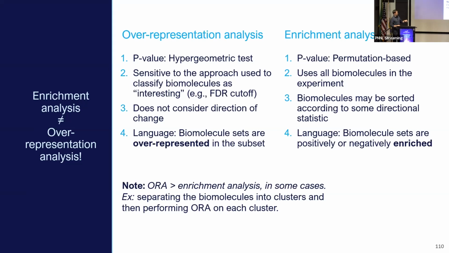So making full use of the data, able to actually see more of what's going on. And then in the language, you would say a particular gene set is positively enriched or it's negatively enriched. And there's no subset. So you just say it's positively or negatively enriched in the data that you have.